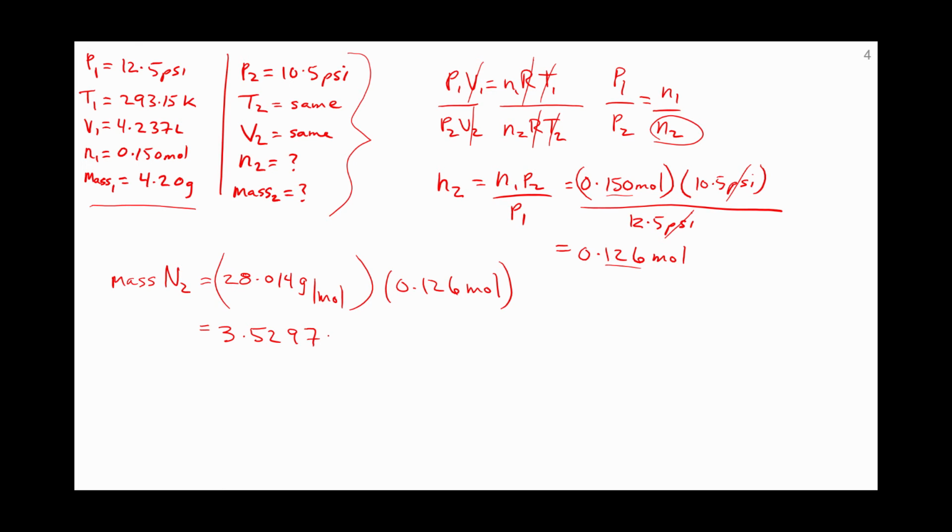By the way, the units is grams. Consider your significant figures for a second. It should be 3 significant digits. So you're going to do a little round up here: 3.53 grams. So that is the right answer for the mass of nitrogen in the Deflategate scenario.